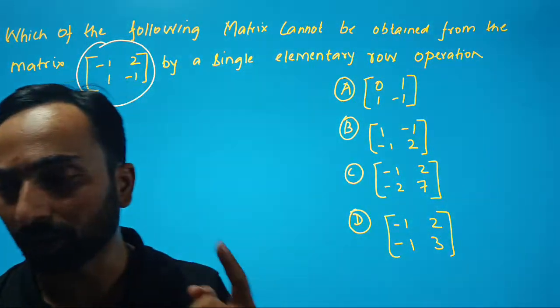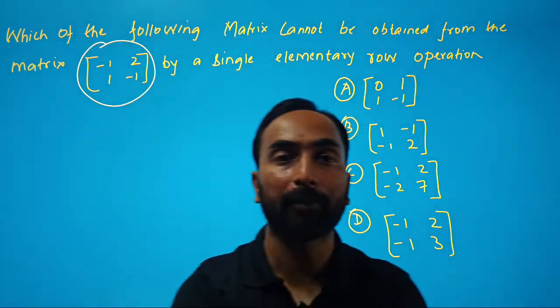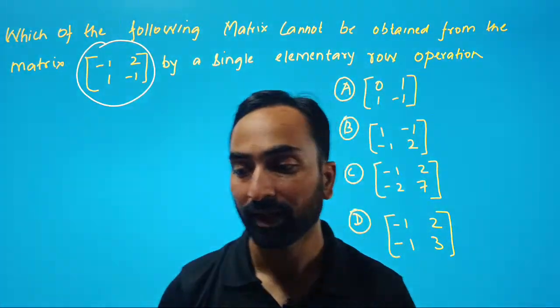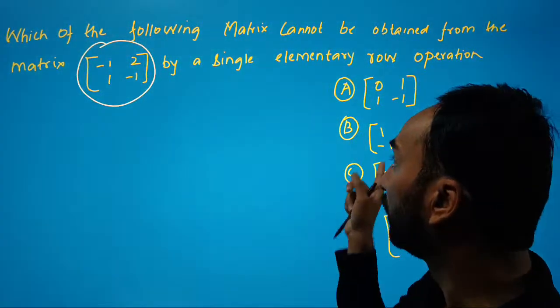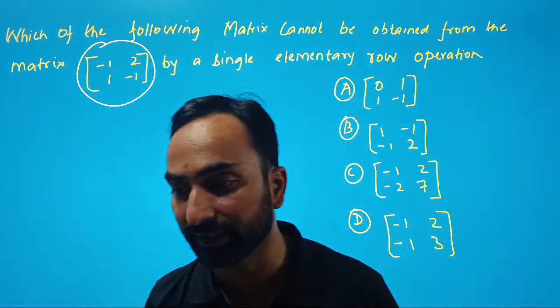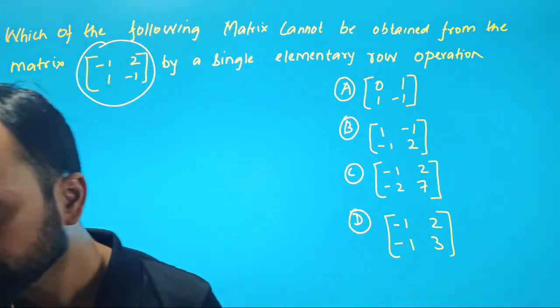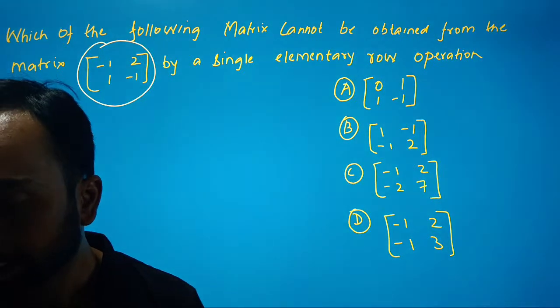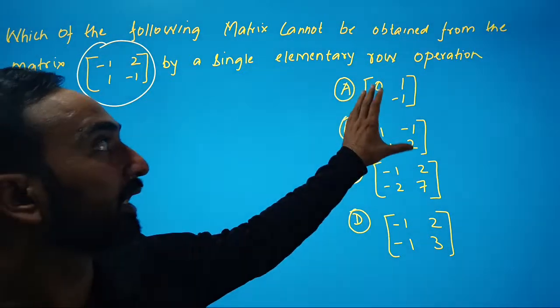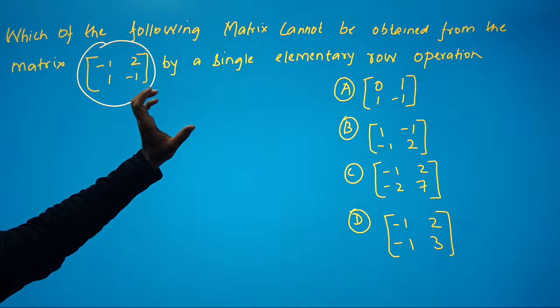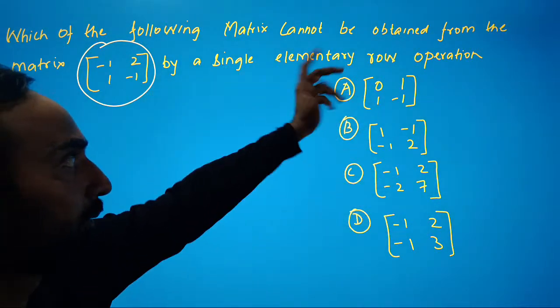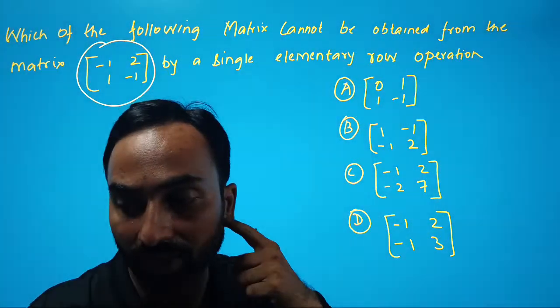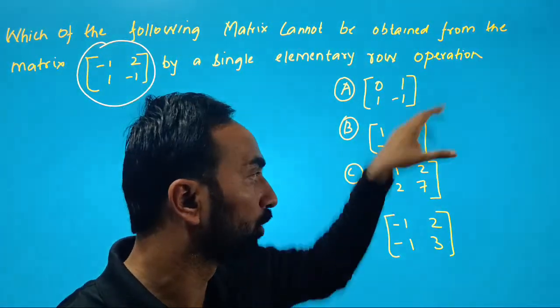So we have to perform a single row operation, and the question says which of the following options A, B, C, D cannot be obtained, right?